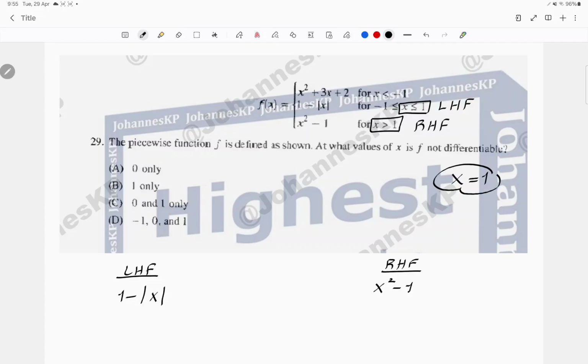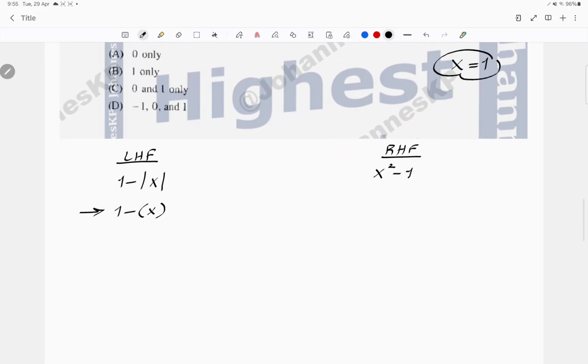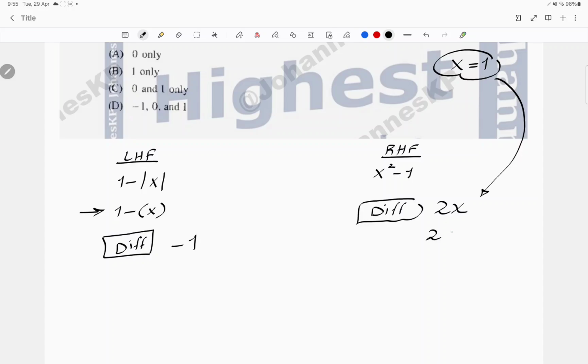That means x is positive, so the inside of the absolute value just stays positive. And now I'm ready to differentiate. So my left hand function becomes minus 1, while my right hand function upon differentiation becomes 2x. And of course now I have to apply the x of 1. That means I will get 2 times 1, which is just 2.